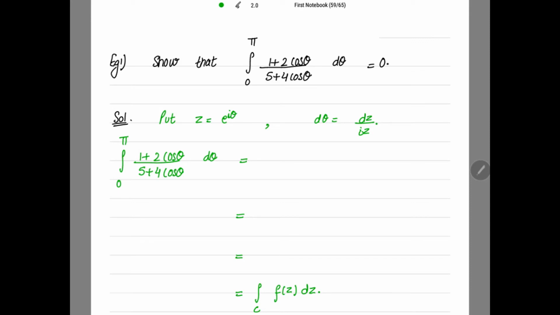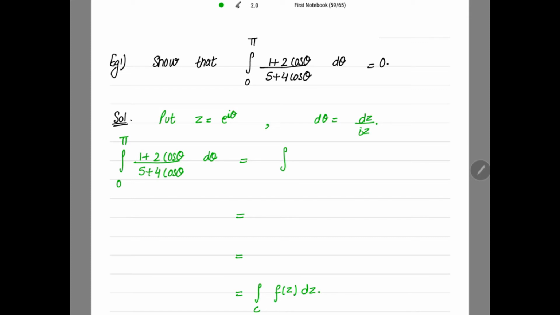We just have to now put z equal to e to the power iota theta, and from there I get d theta is equal to dz over iota z. Now this integration is equal to, because I need my limits from 0 to 2 pi, and I know the rule is certainly applied here because of the cos function.